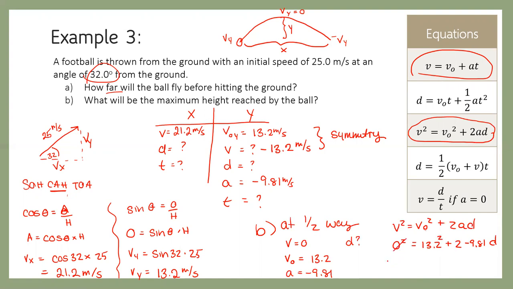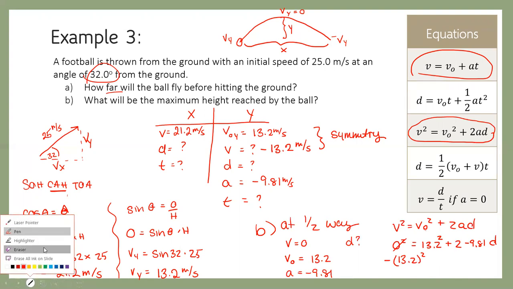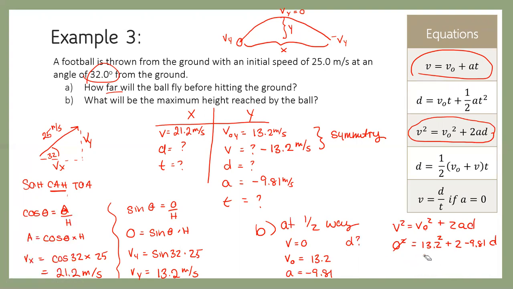0 is going to be 0, so we're going to get negative 13.2 squared. I'm not sure if that's the best way to write it. If you're slightly confused, I'm better off to go 13.2 squared equals 174.24.